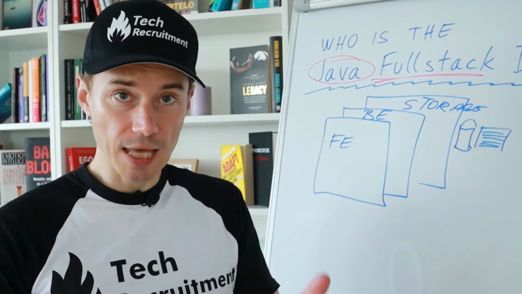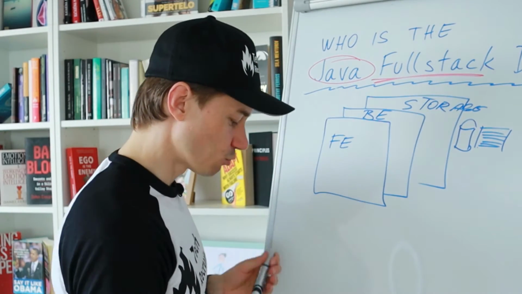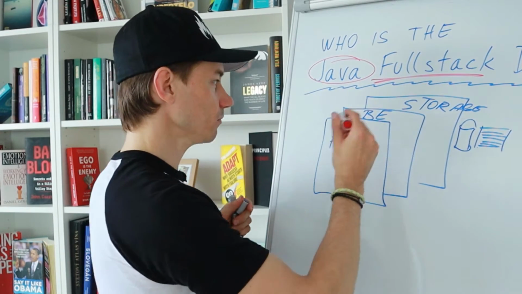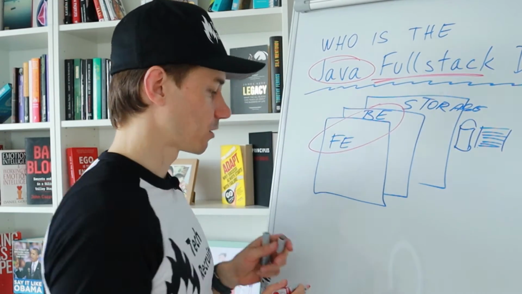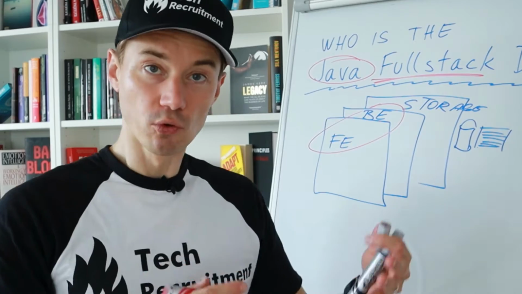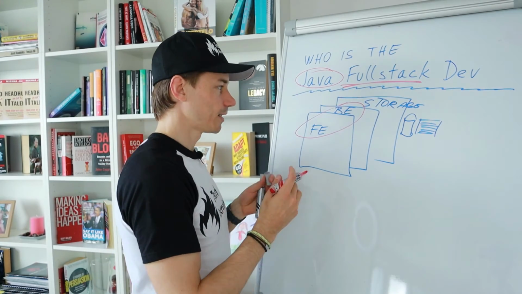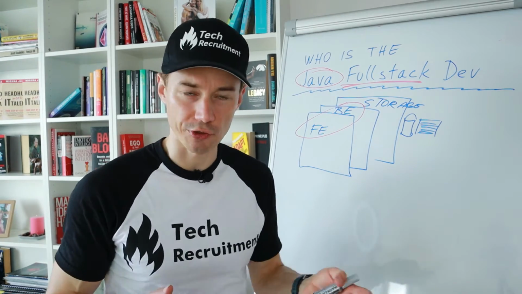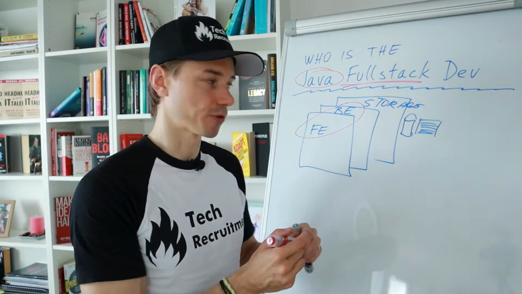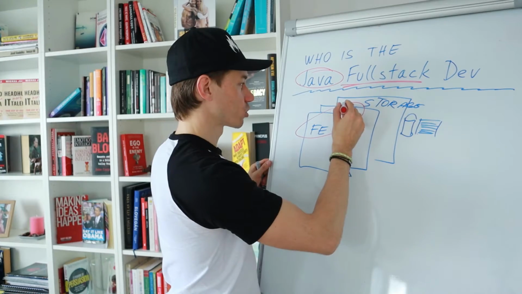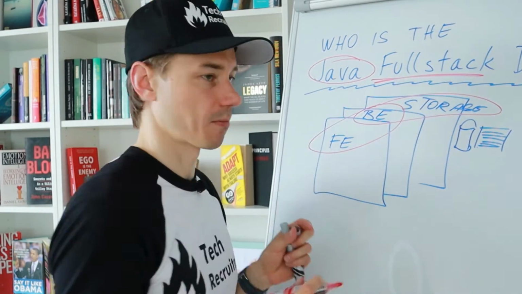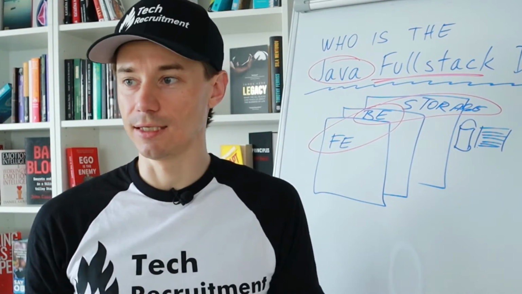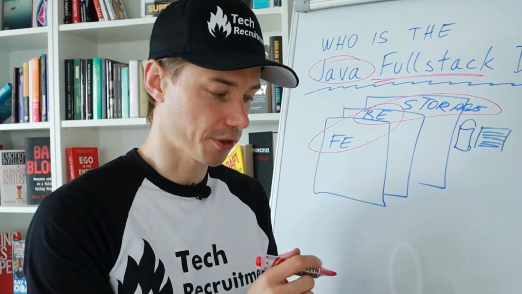So the full stack is actually front end and backend together. Front end and backend together is called full stack, and somehow it includes also storage, just because backend developers usually use storage also because there is hardly ever any backend without storage.